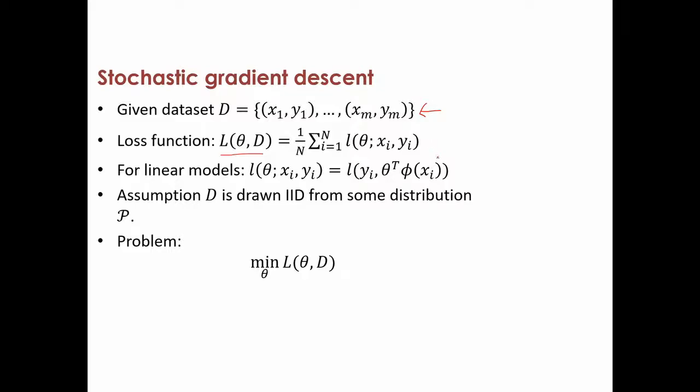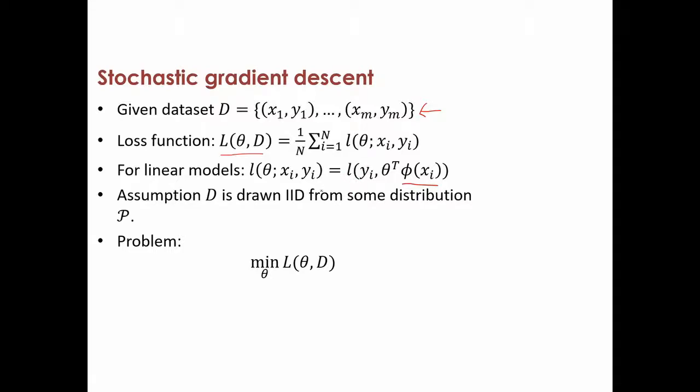If you have a linear model, then your loss is something like this, where you have a feature transform of x, your model is theta transpose x, your label is y, and you have the loss function.